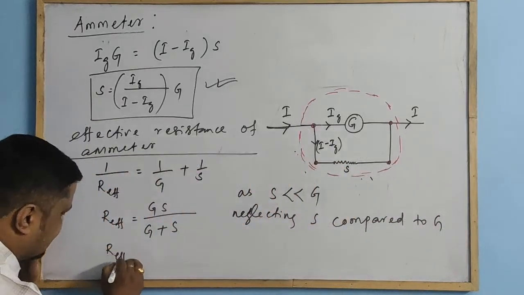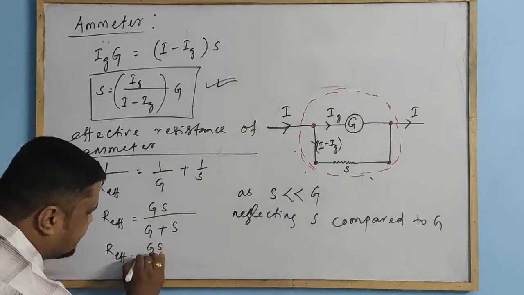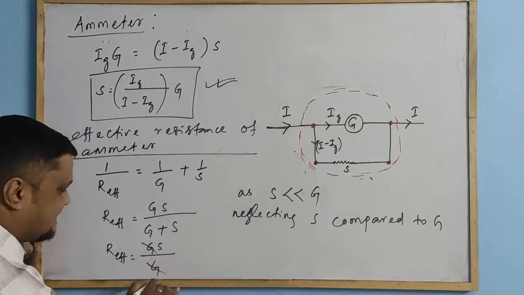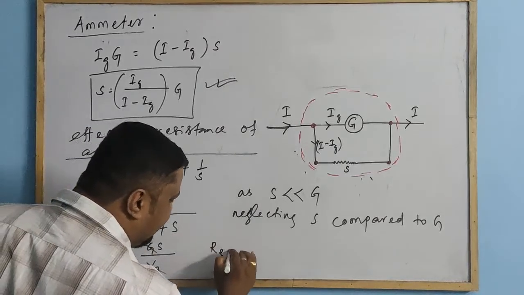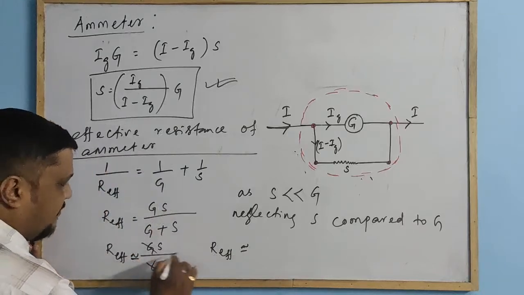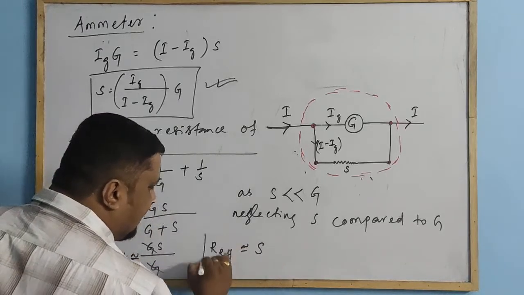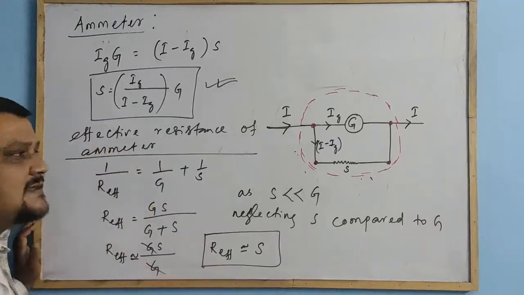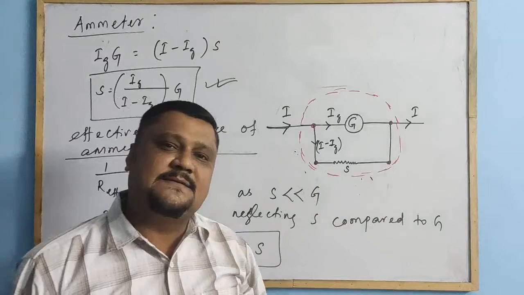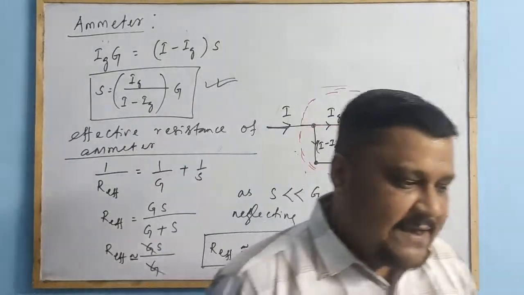R effective is equal to GS by G, neglecting S in the denominator. So G cancels, and R effective is almost equal to S, the shunt resistance. The effective resistance of the ammeter is very, very small, that is S. Was that clear?